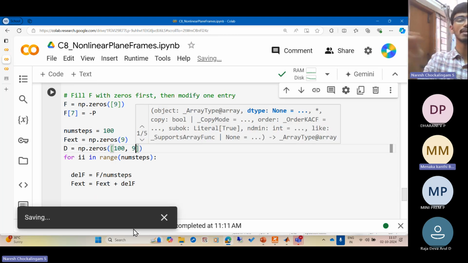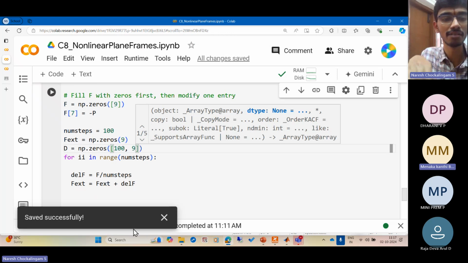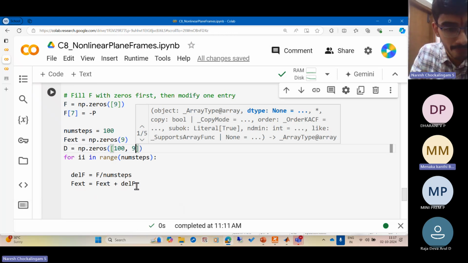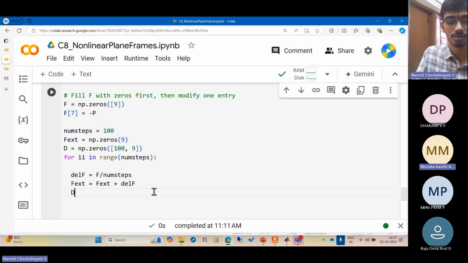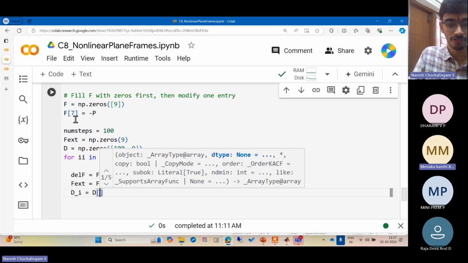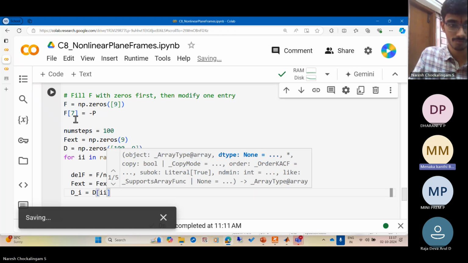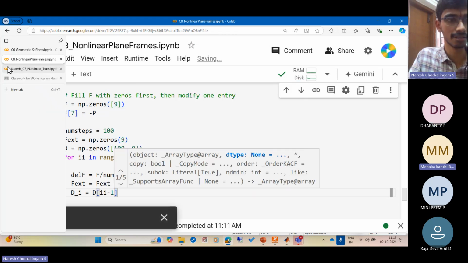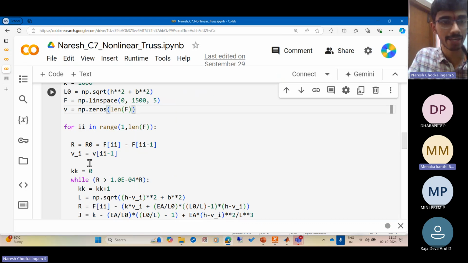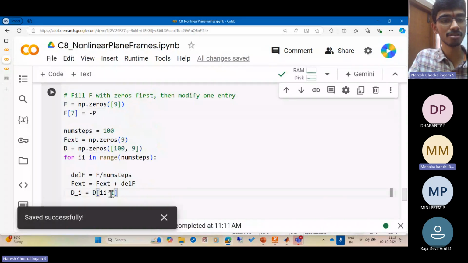Every row of D will be one solution, right? Very good. Then D of i is the current estimate, equal to D of i minus 1, but the only correction is it has to start from 1. Okay, good.